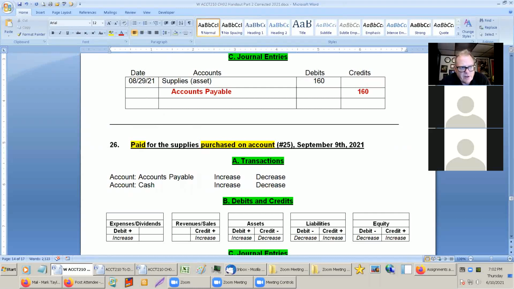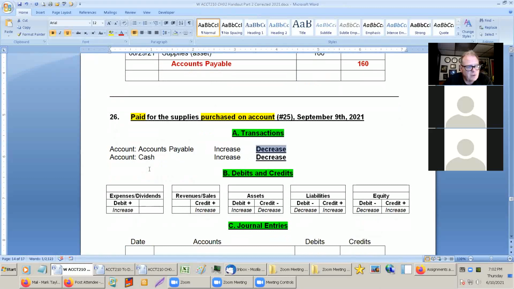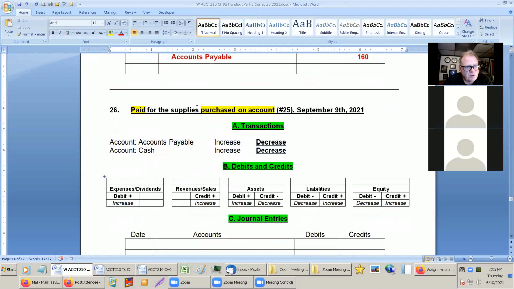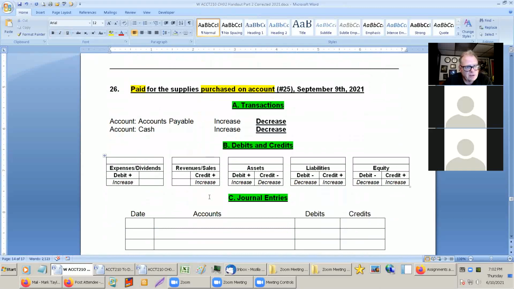Let's take the easy one. Cash, is it going up or down? Going down. And accounts payable? Going down. Yep. So we no longer owe $160.